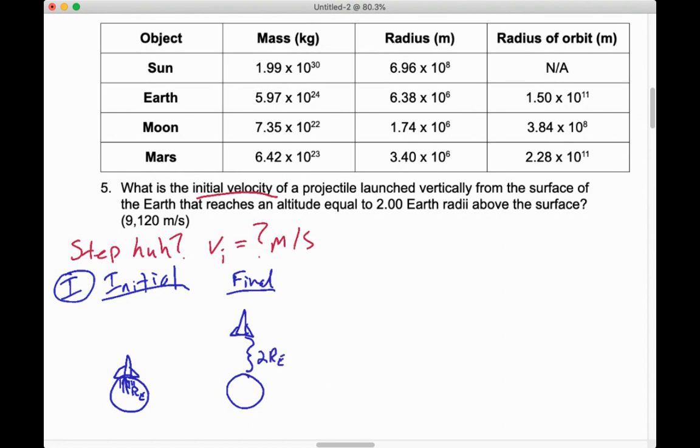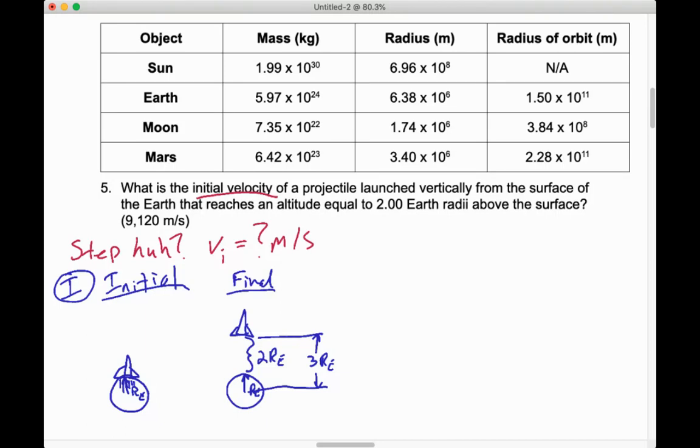And of course, the distance from the center of the Earth to the surface is 1 times the radius of the Earth, which means this whole distance here, and this is going to be important, is going to be 3 times the radius of the Earth. So hopefully by making the sketch, you can see why this is. Yeah, physics teachers, we love sketches. Sketches make everything nice and easy, and it makes the ideas much clearer.